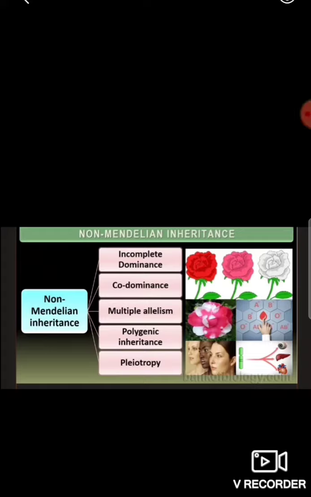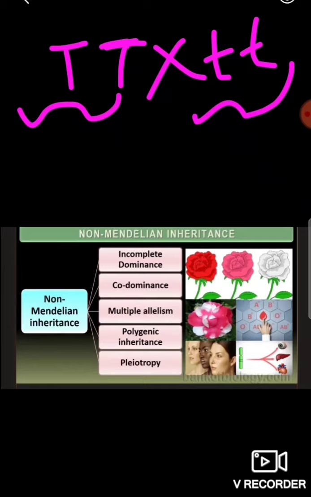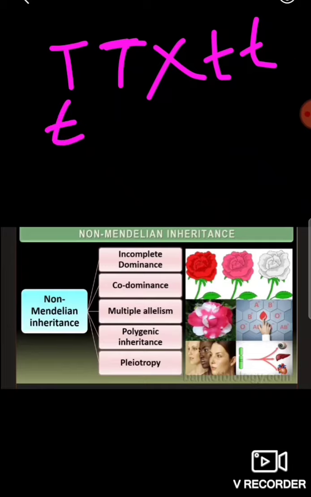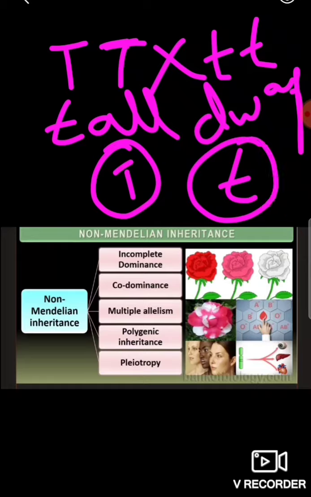In Mendelian inheritance, when you cross two pure breeds, genetically homozygous capital T with homozygous small t, where capital T means tall character and small t means dwarf or short character, what will the crossing produce?